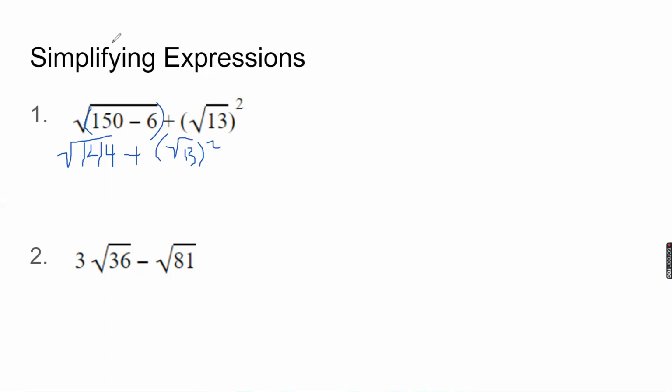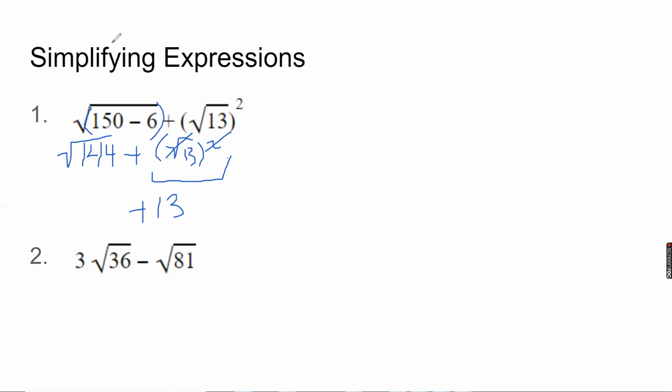Now I'm going to simplify my squared right there for the square root of 13 to the second power. Since I know that a square root and a squared are inverses of each other, that means they cancel each other out, which just leaves us with a positive 13.